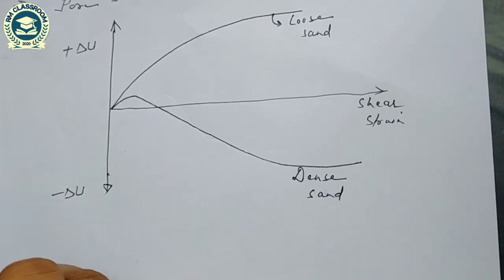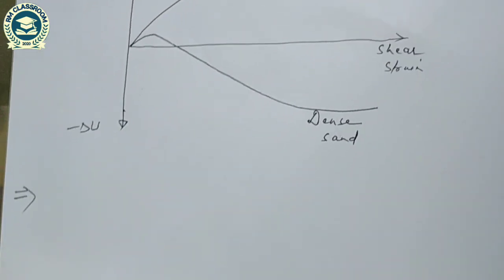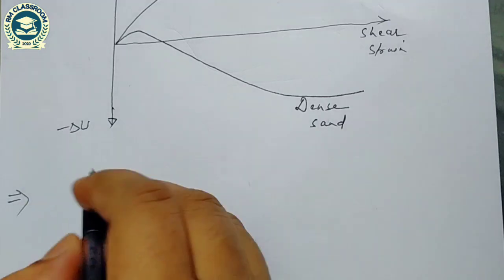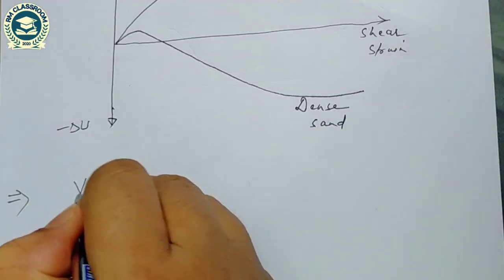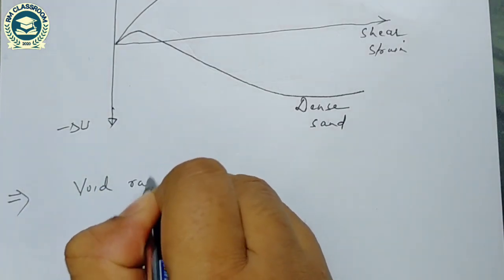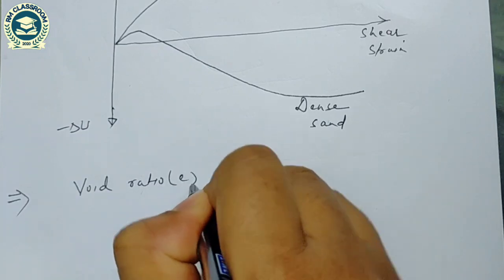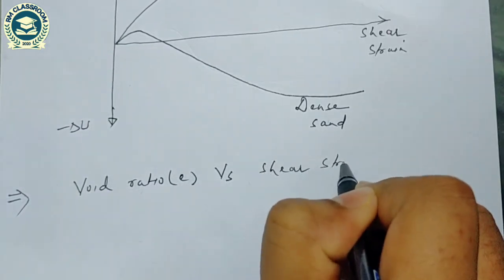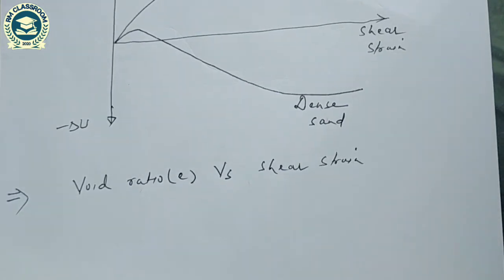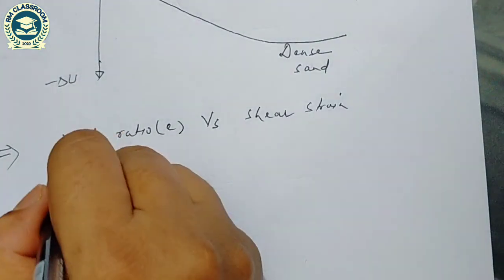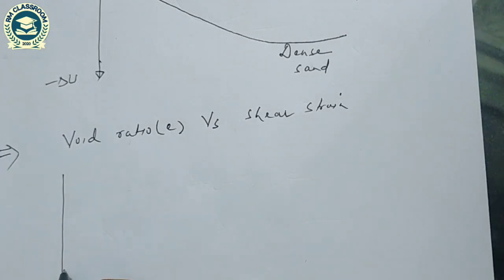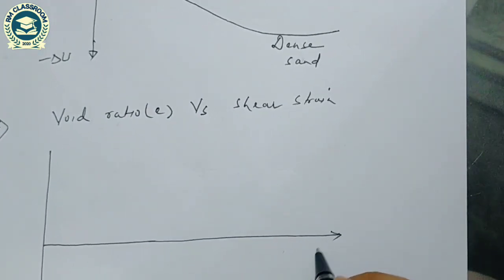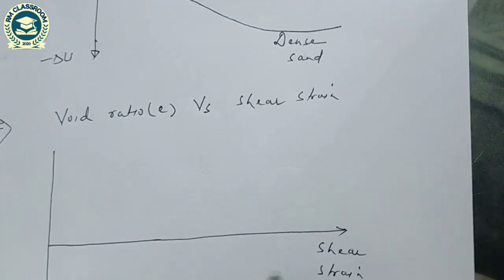Similarly, if I draw the graph between void ratio versus shear strain, so this axis is shear strain.